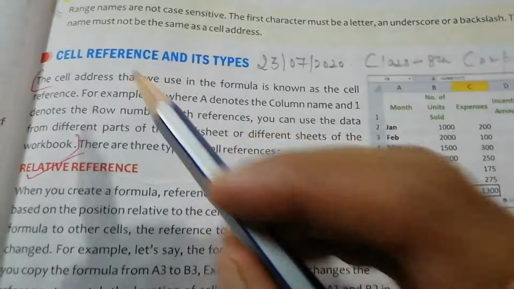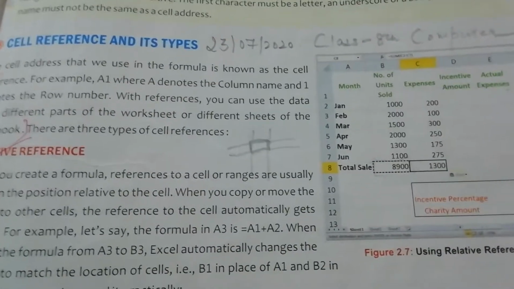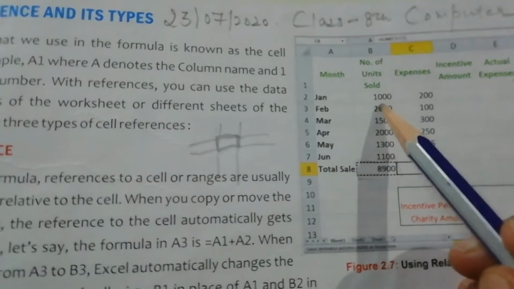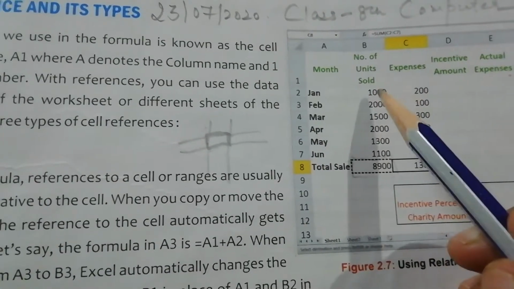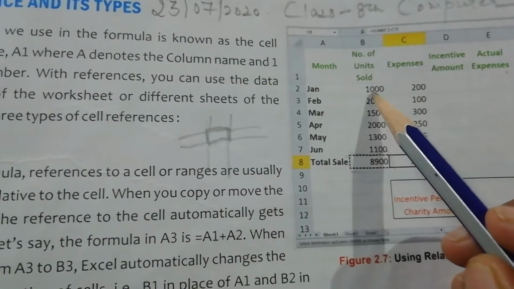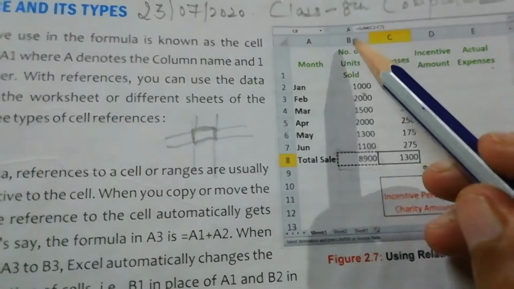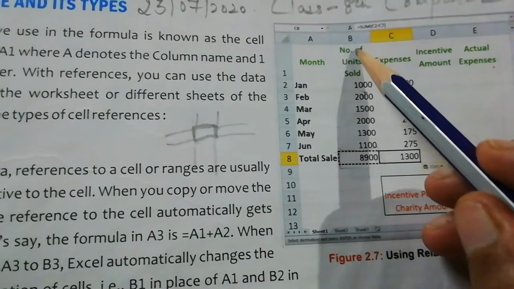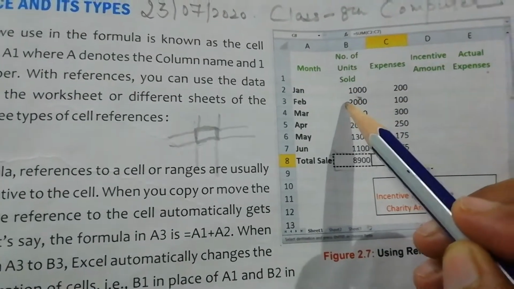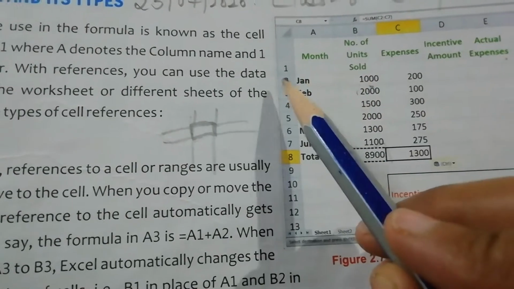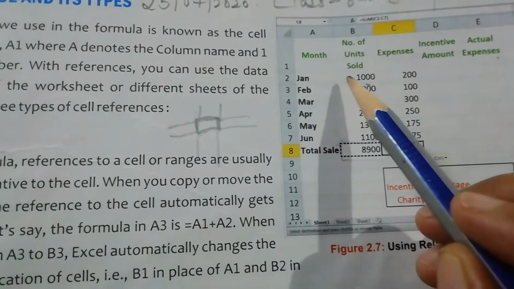And what is a reference here? Reference means the address of that particular cell. If I talk about 1000, it is kept inside a cell. What is the address of the cell? Firstly, you have to check the column, it's B, and correspondingly you have to check the row number.